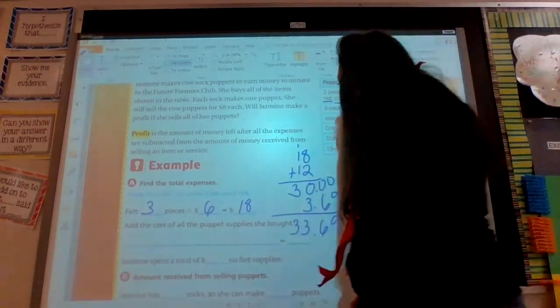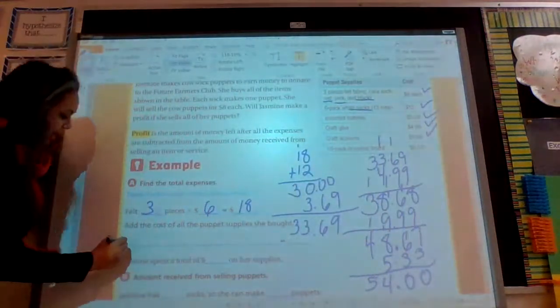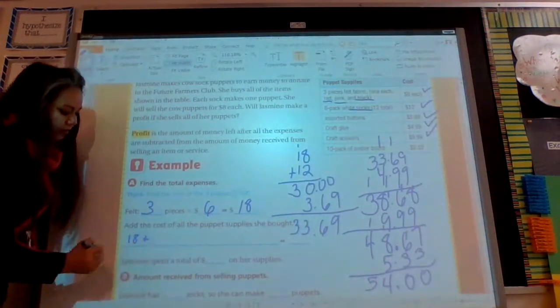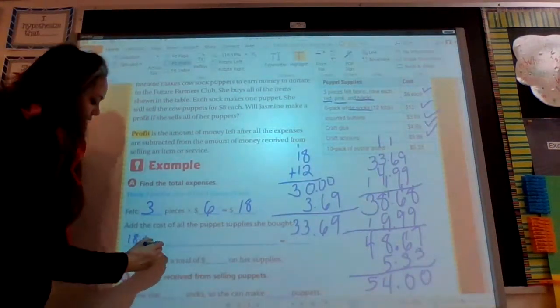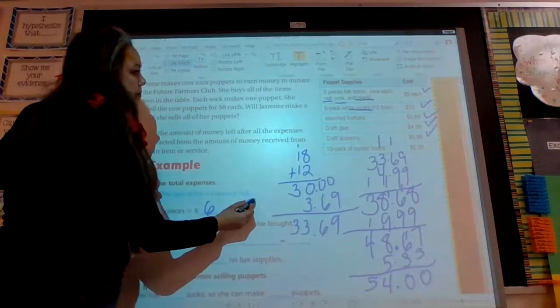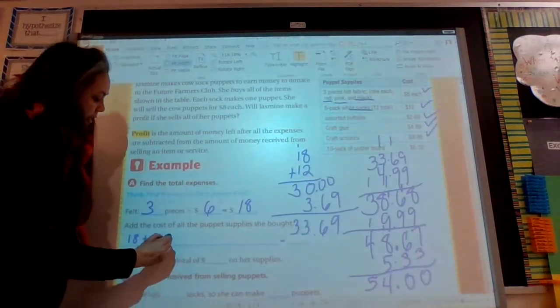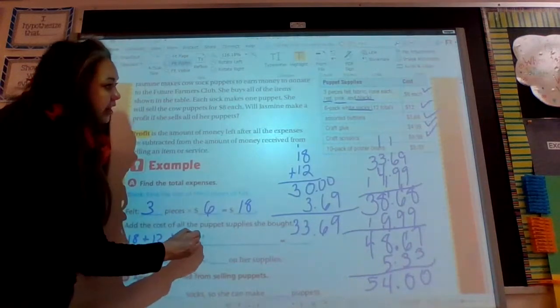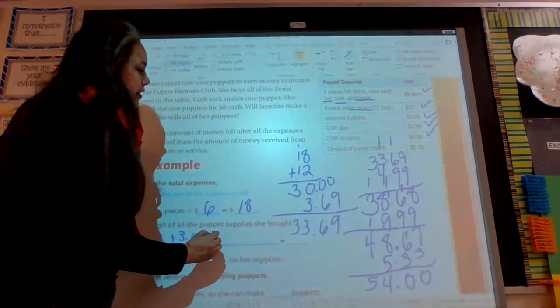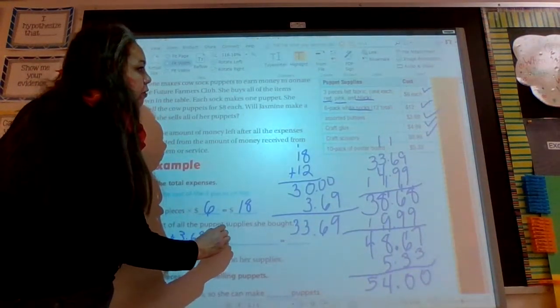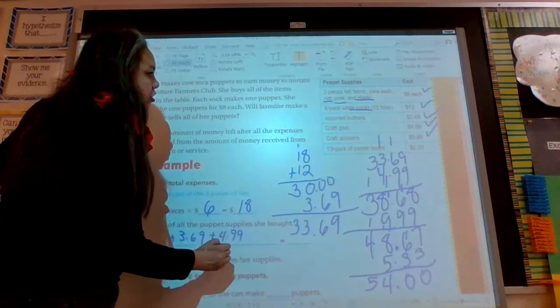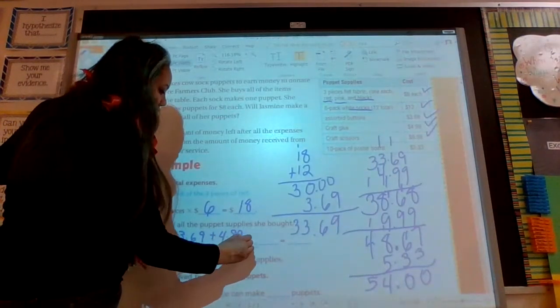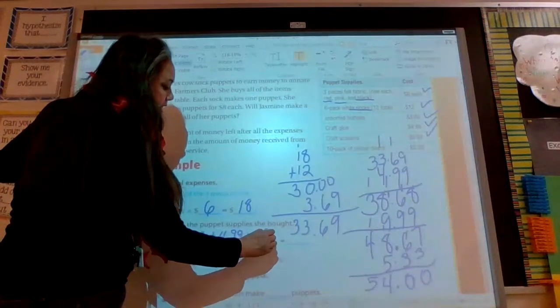So here's what we did. We took the $18 and we added the $12 because we got the 3 pieces of felt, which is first. Then we added the $3.69, which was for the assorted buttons. Then we added $4.99, which is the craft glue, and this plus $9.99.